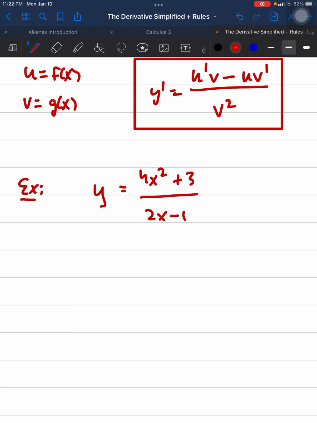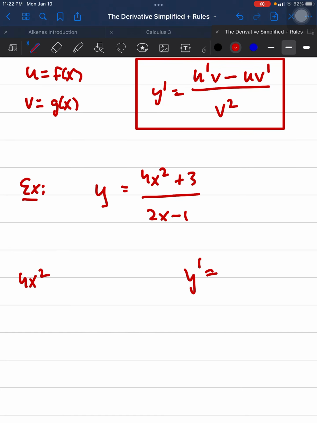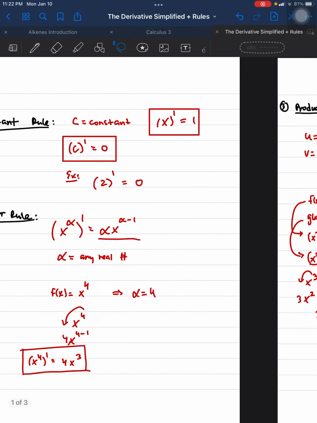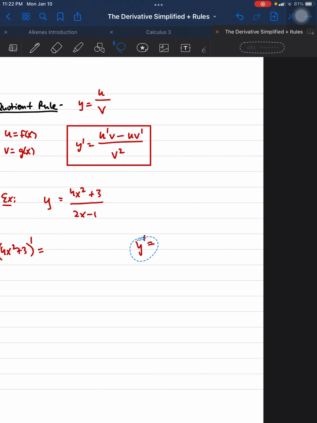In order to find y prime, first we find the derivative of f of x. We know that f of x is equal to 4x squared plus 3. When we take the derivative of that, this once again forces you to apply the constant rule and the power rule that we already learned in the beginning of this video.